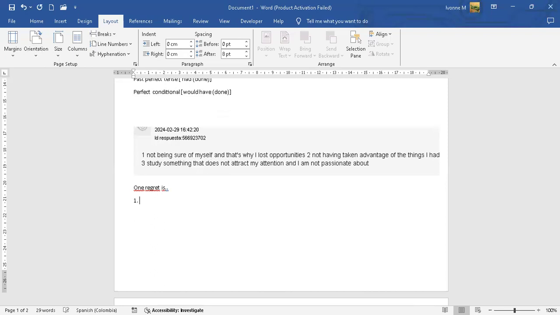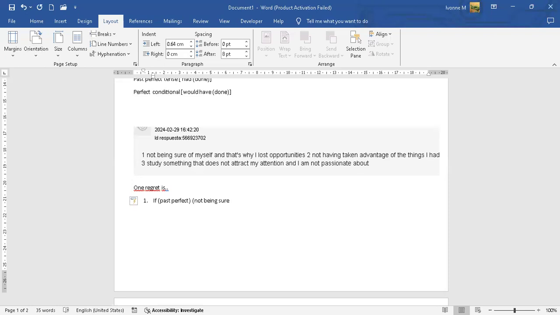So I will use the if clause with the past perfect, and I will put not being sure. Confident, that's what she wants to say, but we are going to translate the whole sentence, trying to be respectful with her words, okay?